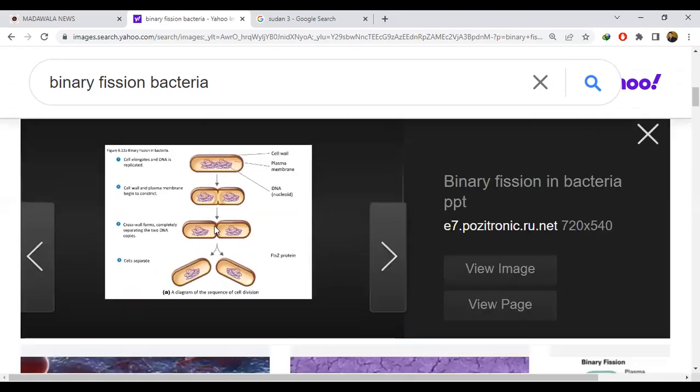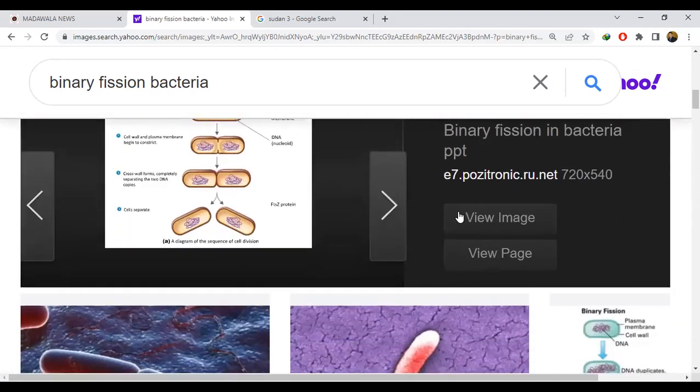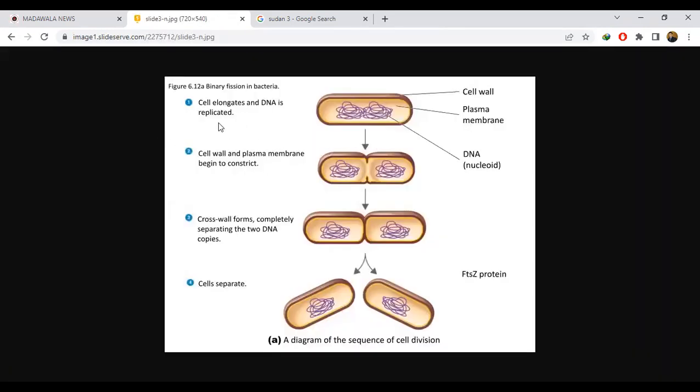One bacterium, when it undergoes binary fission, first of all, its DNA, it has a DNA, correct? Its DNA is replicating, 2 copies are made.